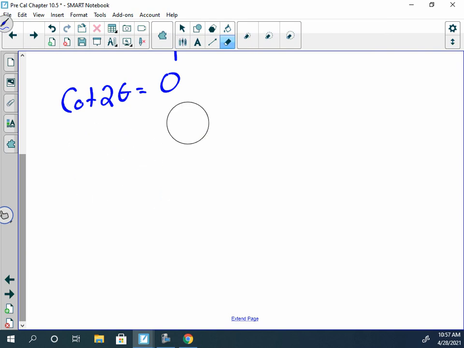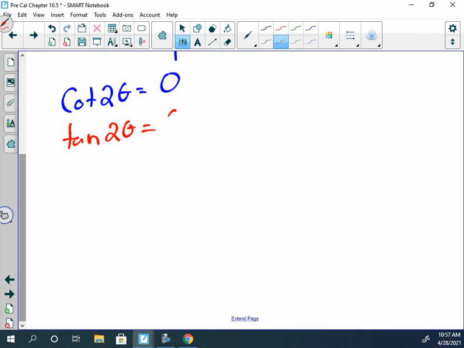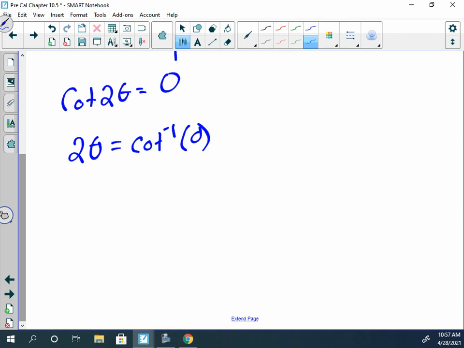If we wanted to do this with tangent, it wouldn't work too well, because tangent of 2 theta is equal to 1 over 0, which is undefined. Well, the one spot where tangent is undefined that we can use with inverses is cotangent inverse at pi over 2, just straight up and down.